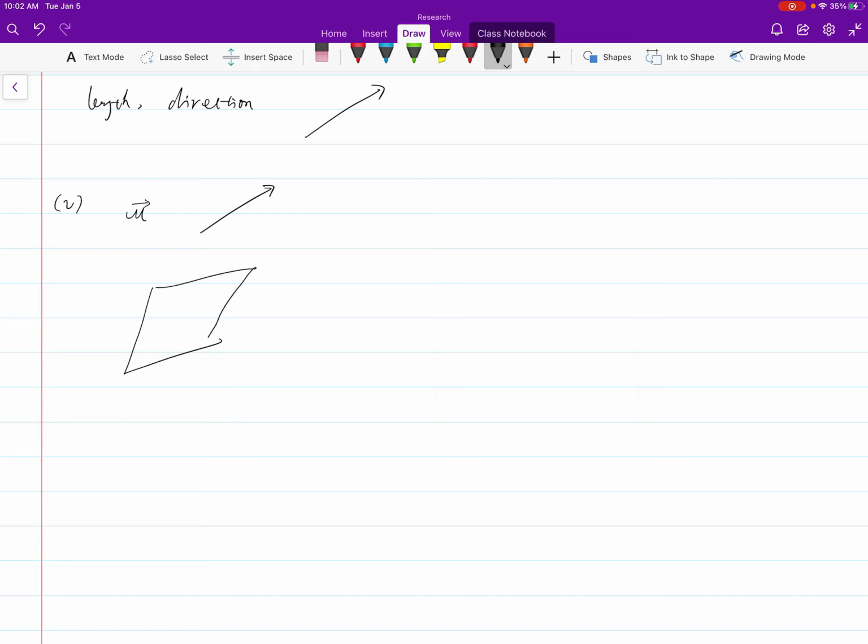Or sometimes you have vectors in a complicated shape like this, with points O, C, A, B, D, E, F, whatever. If you know where the vector starts and where it ends, you can simply tell people, I want to talk about the vector B, which means the vector going from here all the way to here.